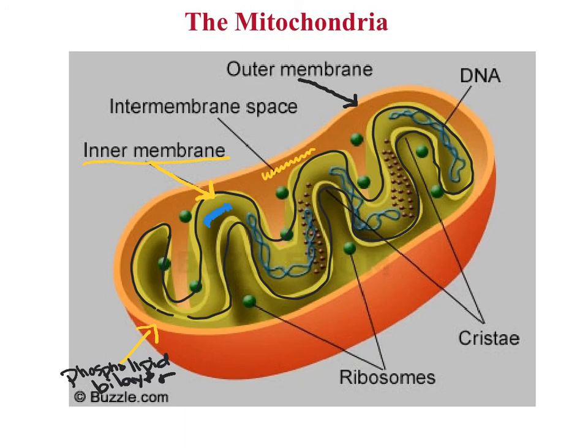And remember that membranes represent a barrier. And barriers represent a way to set up a concentration gradient. And concentration gradients then can turn potential energy into kinetic energy, the energy of movement.